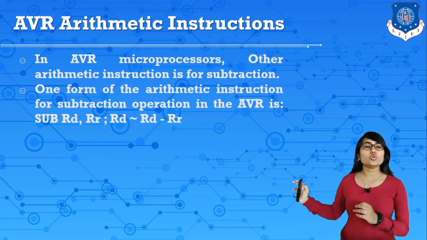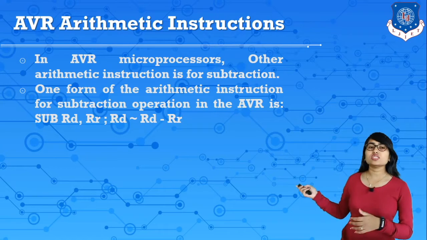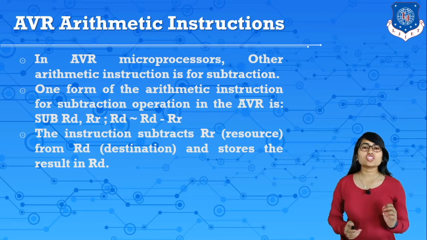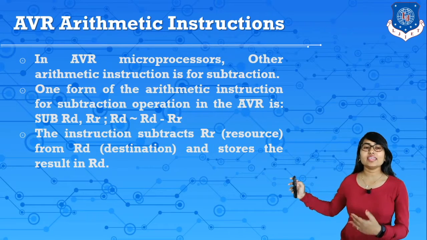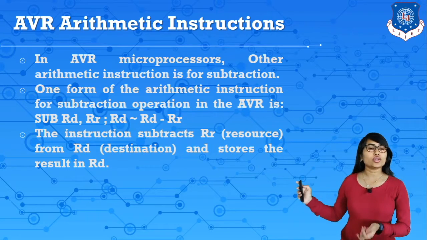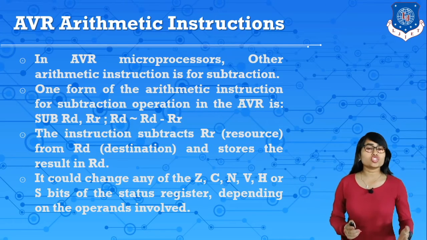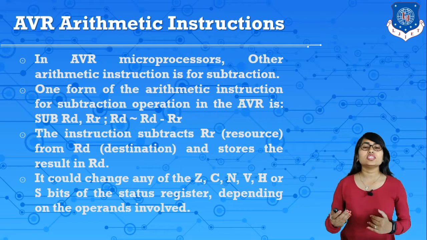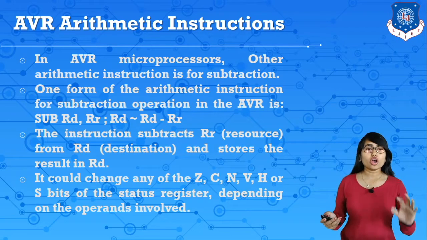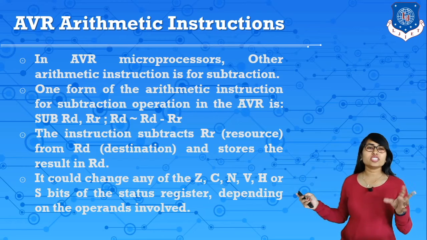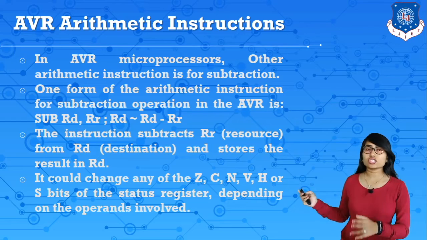So SUB is for subtraction. Due to subtraction it could change any of the values of Z, that is the zero flag, the carry flag, negative flag, overflow flag, half carry or sign flag, depending on the operation. So these arithmetic instructions could change the status register contents.